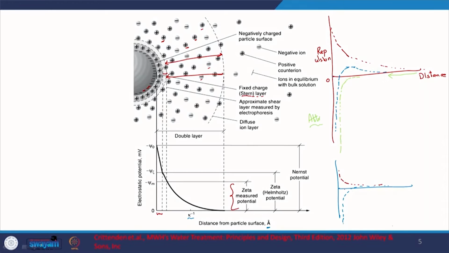So, now as you see in the second case, let me draw this. This is the attraction, this is the repulsion after adding the relevant coagulant such that the ionic strength increases, high ionic strength, and low or usual ionic strength, let us say, right. So, here I decrease the electrical double layer thickness, allowing the R net profile to change from this to this, right. So, that is what we have seen.